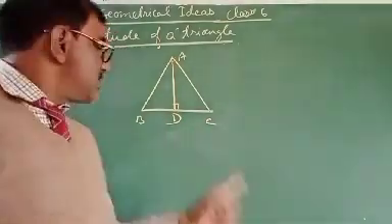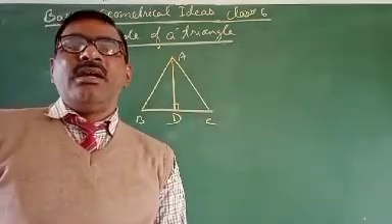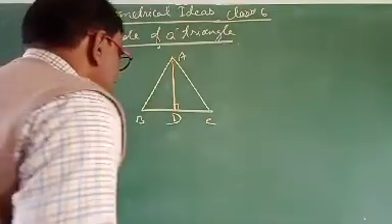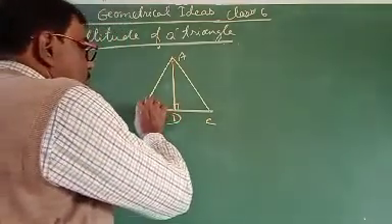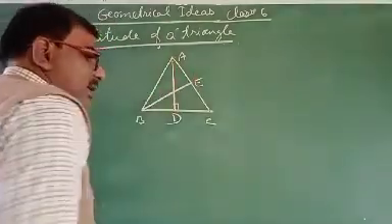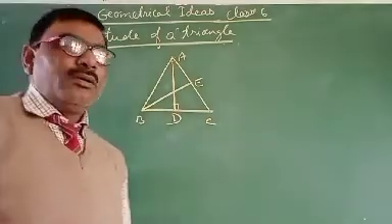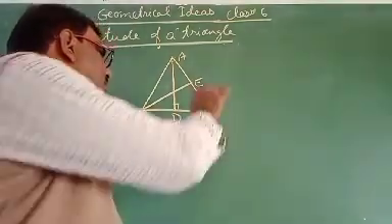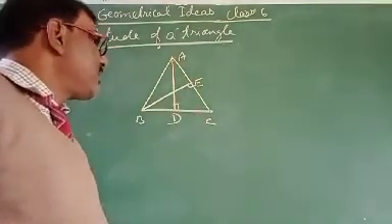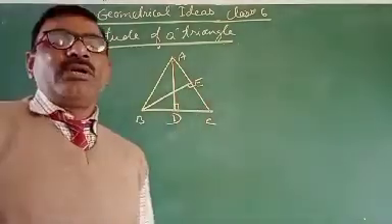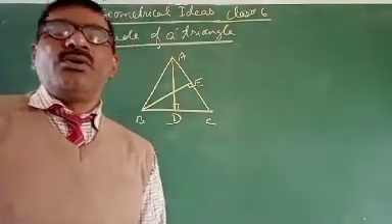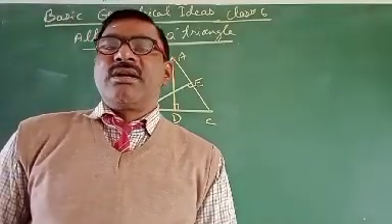Then this AD is called an altitude of the triangle. Now we can also draw a perpendicular from B to the opposite side AC. This is also an altitude of the triangle. So we can draw 3 altitudes in any triangle.